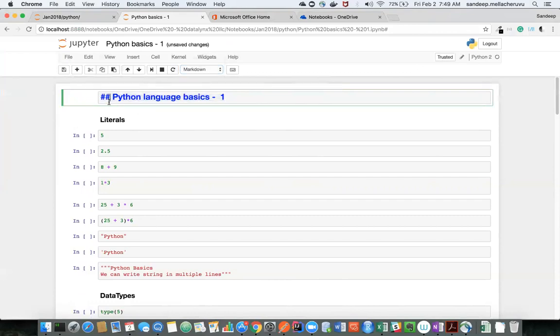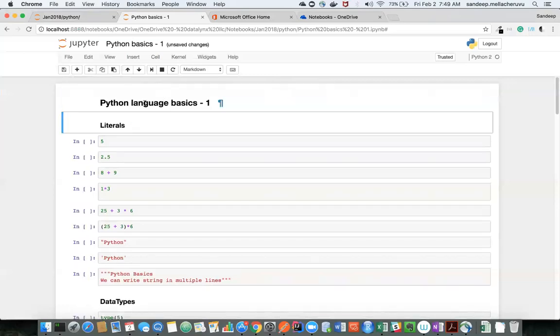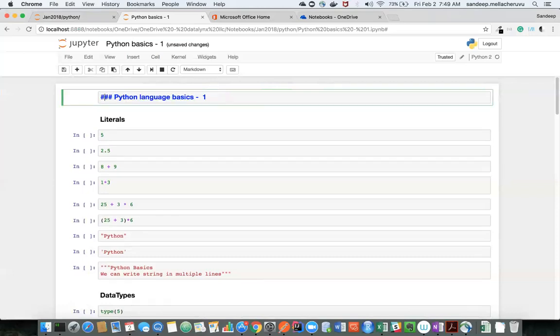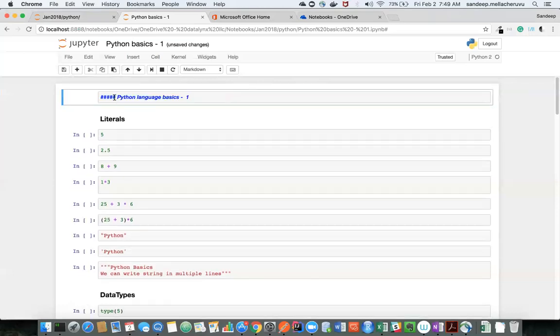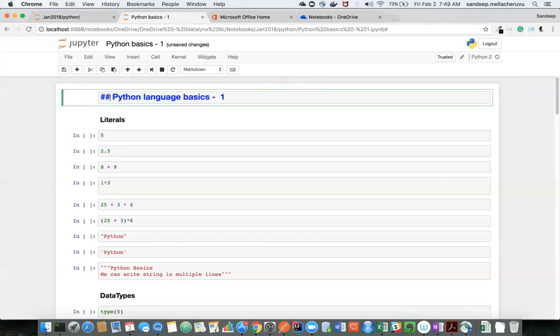And here I am using a markdown called hash, which will give me the bold text. Now, if I want to decrease the size of this boldness, I can add more hashes. The more hashes that I add, the smaller the text will get.